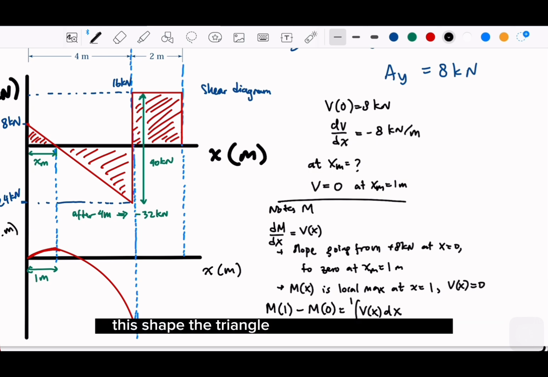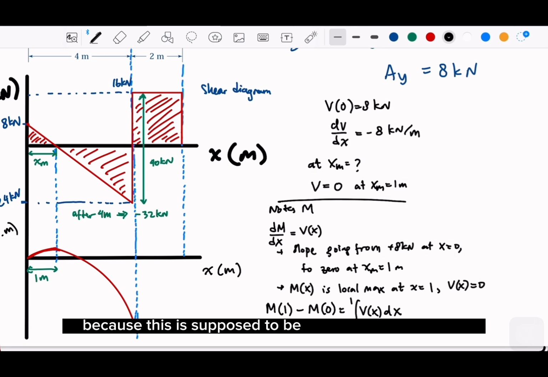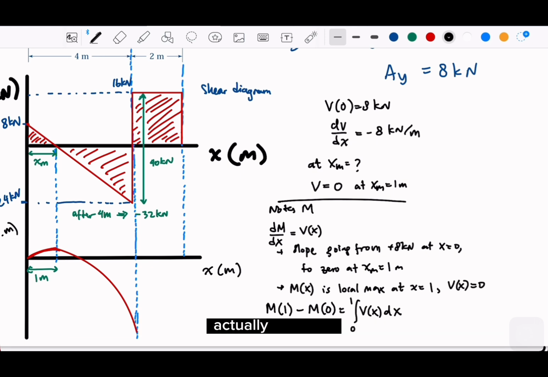The rectangle or triangle should be okay. Because this is supposed to be the area under the curve, and for this kind of curve, we could directly go to this geometric shape.